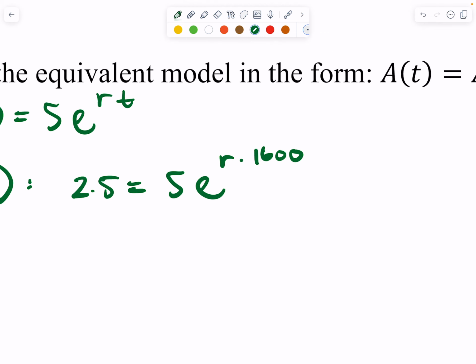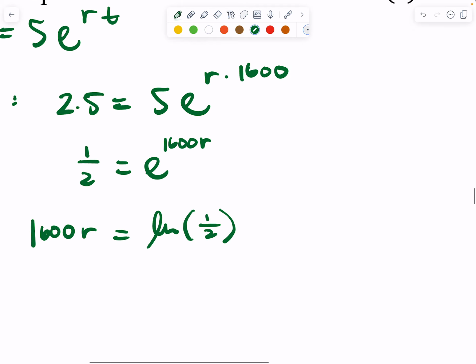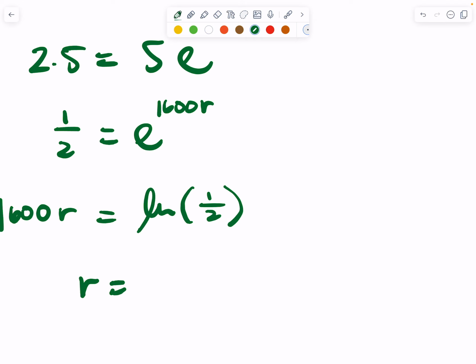So if we divide by 5, right, we would have 1/2 equals E to the 1,600 times R. I'm just going to switch those factors. And then rewriting in the equivalent log form, 1,600 R is equal to ln of 1/2. So R is equal to ln of 1/2 divided by 1,600.